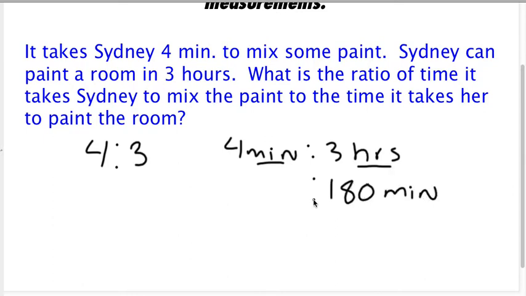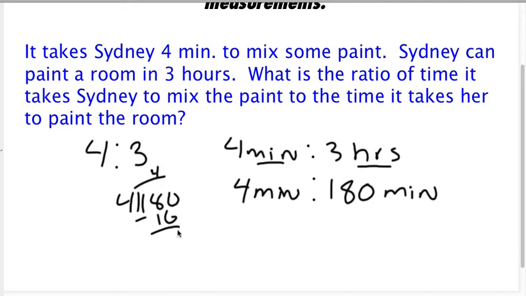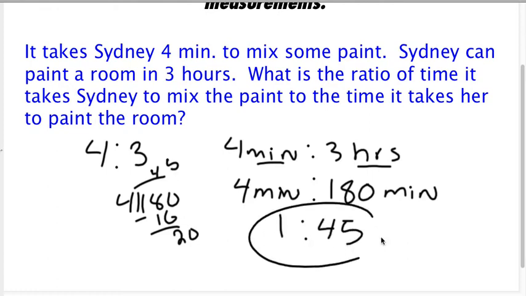So this relationship is the same as having 4 minutes to 180 minutes, which will then simplify down to, okay, so 180 is divisible by 4, 1 to 45. Please notice that I wrote my ratio in simplest form, as you should as well.